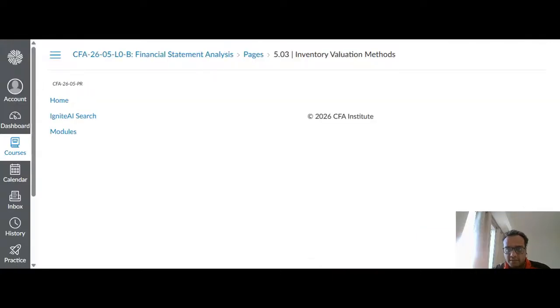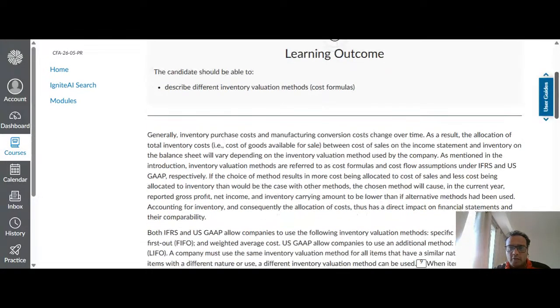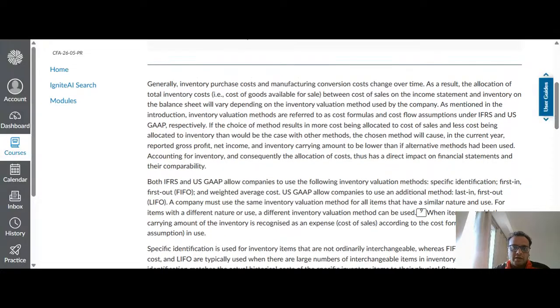Inventory valuation method. What are the costs that should be added is the first thing that we saw, and now how you measure it. Generally, inventory purchase cost and manufacturing conversion cost change over time. Allocation of total inventory cost of goods available for sale between cost of sales on the income statement and inventory on the balance sheet will vary depending upon the inventory valuation method used by the company.